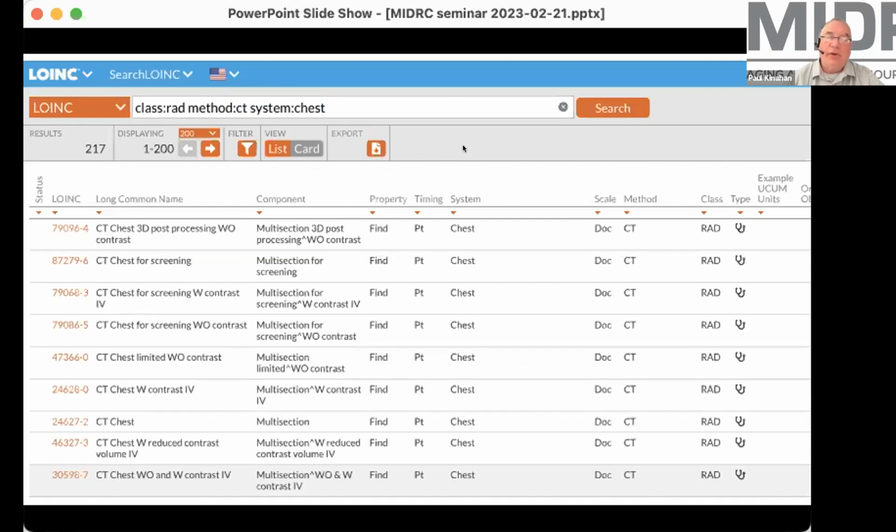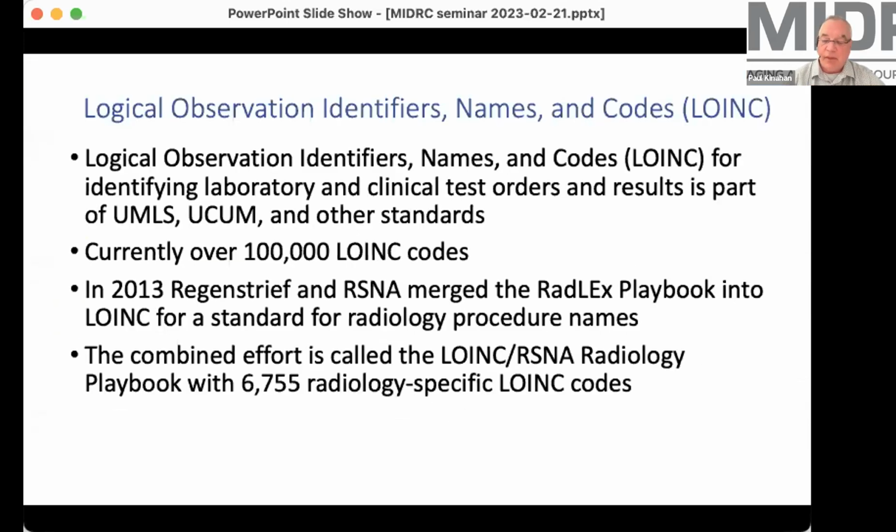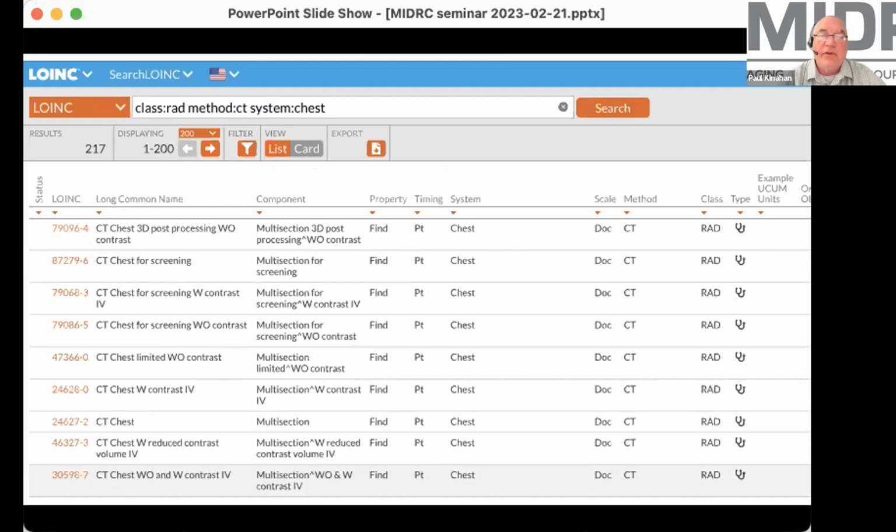If you just go to LOINC, anybody can do that. There is a syntax for accessing the database, or you can download the entire set of CSV files as well. But they have a pretty powerful interface. In this one, if you see up at the top, it says class RAD, which means all the radiology-related procedures.